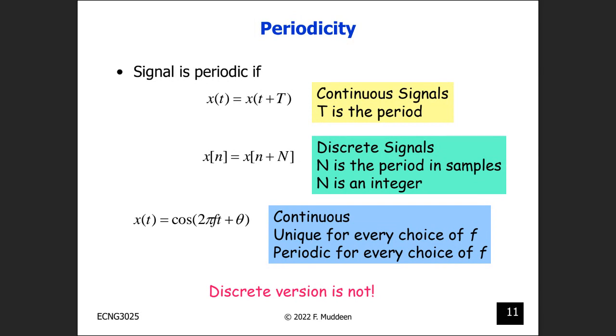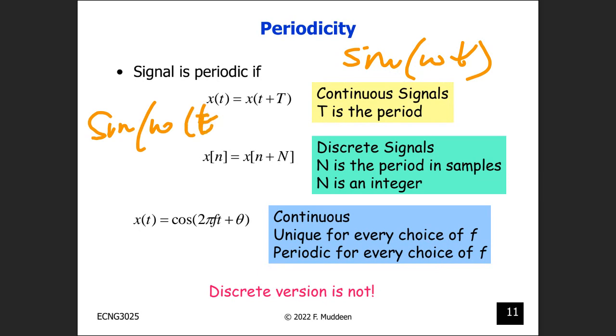It doesn't matter if I have sine omega t, right? And I repeat it, let's say, to sine omega t plus T. It doesn't matter what I do with this.